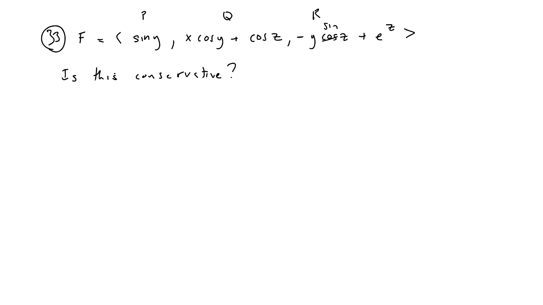By giving labels, it would mean I would need, just like the last one, Q_x equals P_y. I need R_x equals P_z. I need R_y equals Q_z. Or you can use the curl, which you can remember as, this is the memorization technique, but you shouldn't need this for the test.